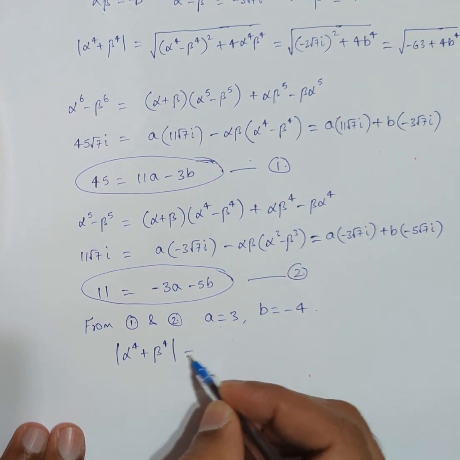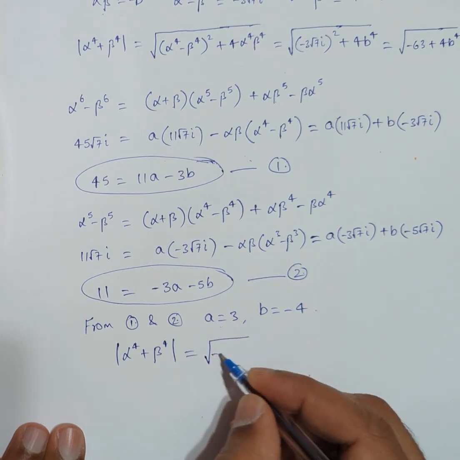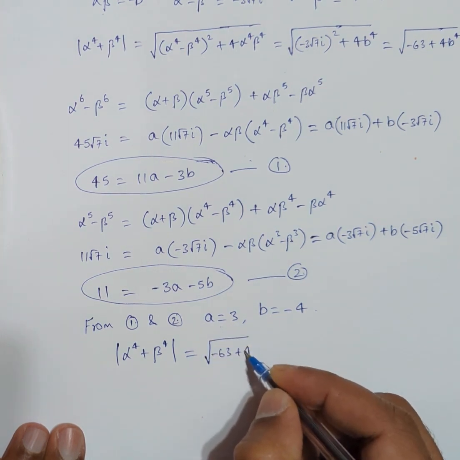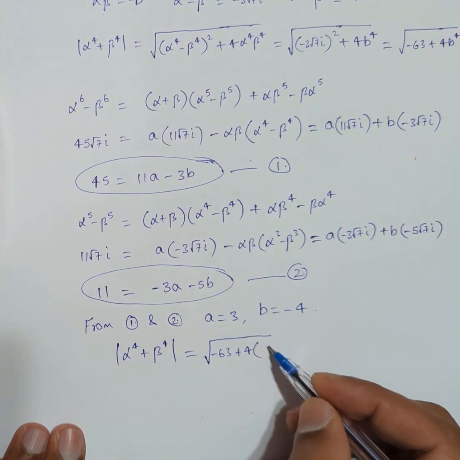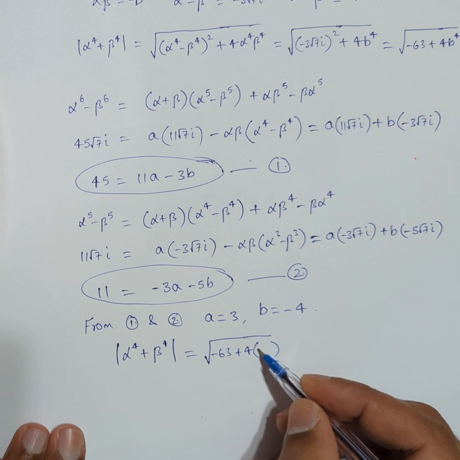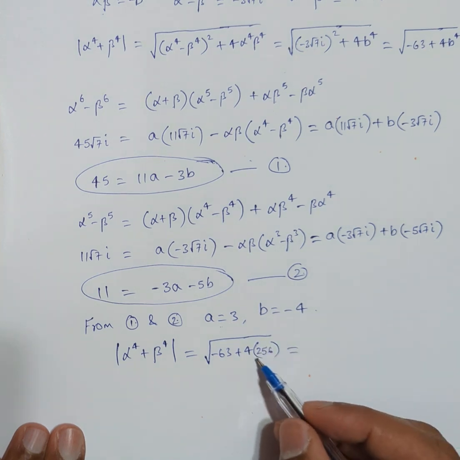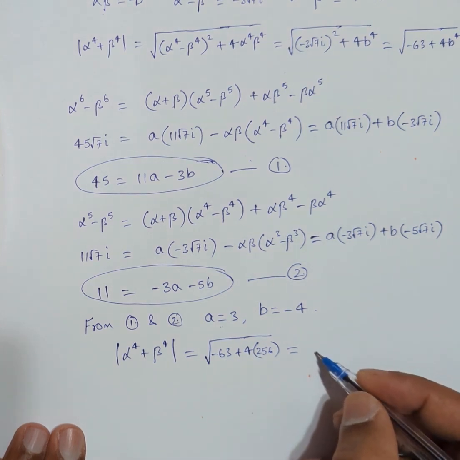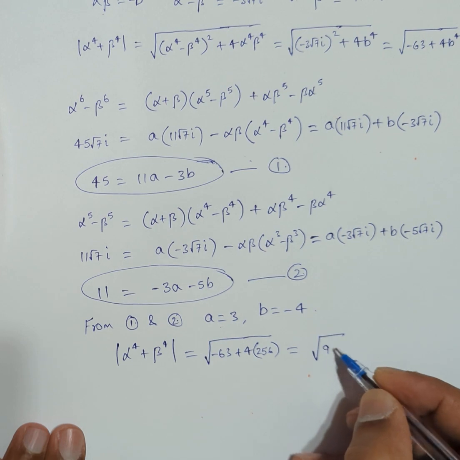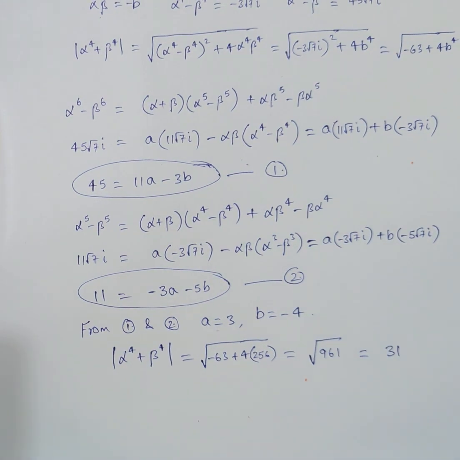So this expression, which is the square root of negative 63 plus 4 times b to the 4, b to the 4 is going to be 256. So 256 times 4 is 1024, minus 63 is 961, and that happens to be 31. So that's our answer.